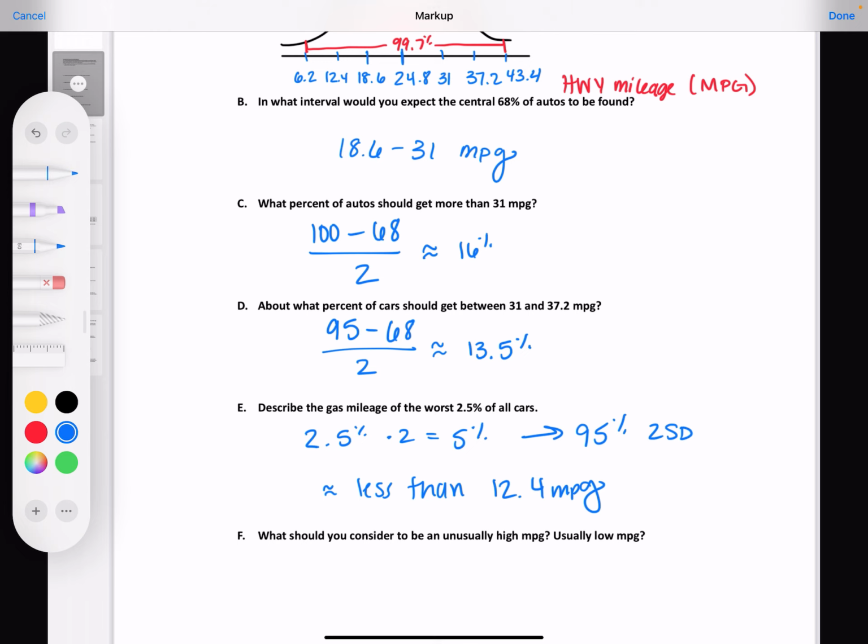So what should you consider to be unusually high miles per gallon and unusually low? How many standard deviations did we say we consider unusual? Anything more than what? 2. So if it's more than 2, we would say 2 standard deviations from the mean is considered unusual.